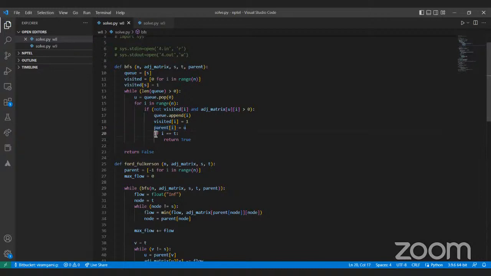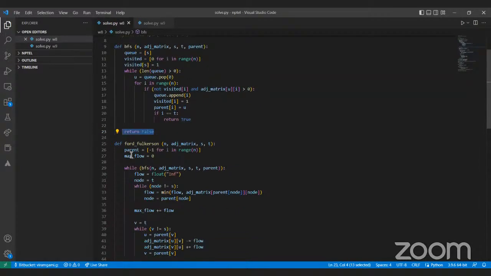I'm starting from the source vertex. If I reach the sink vertex T, then I will return true, and this will return an augmenting path. And if I'm not reaching the sink vertex by traversing the queue, that means all the augmenting paths have been already enumerated. So I will just return false.